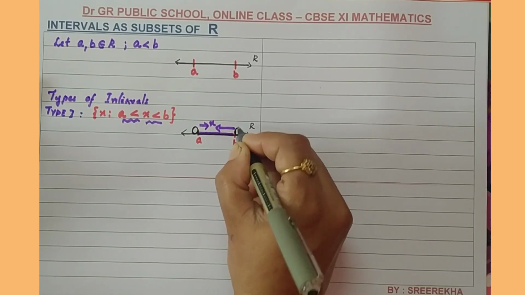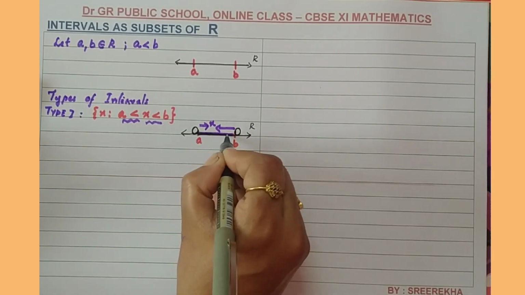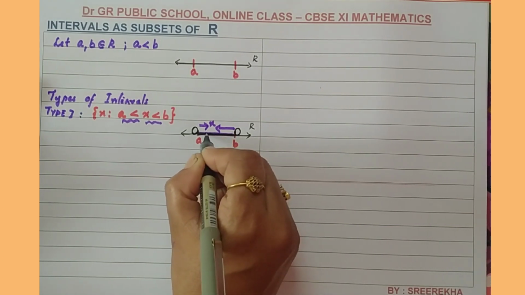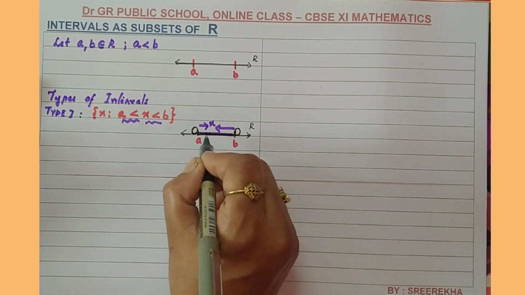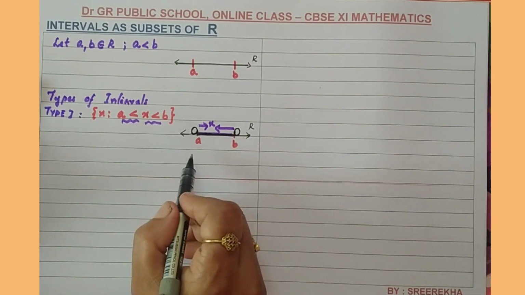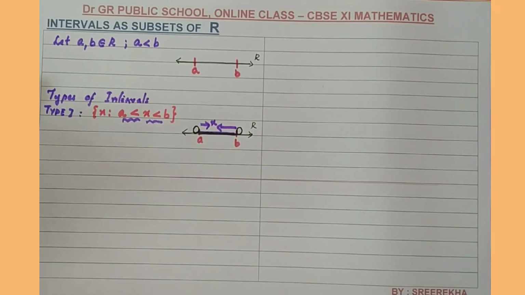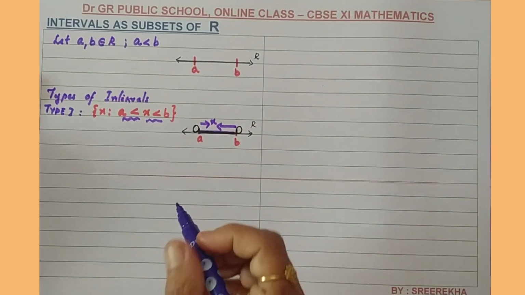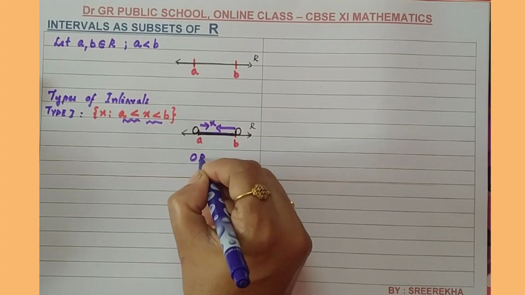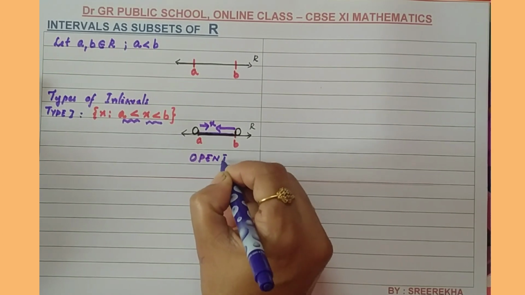So the region between A and B, in which A and B are not included in the set as the less than symbol is mentioned, is called an open interval.